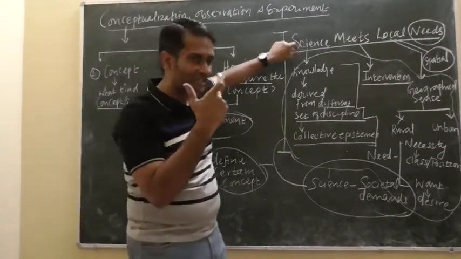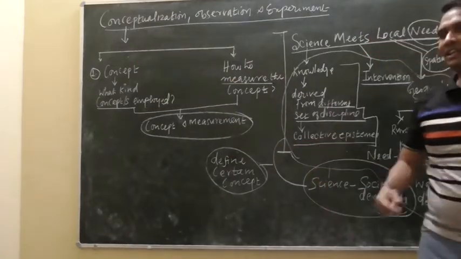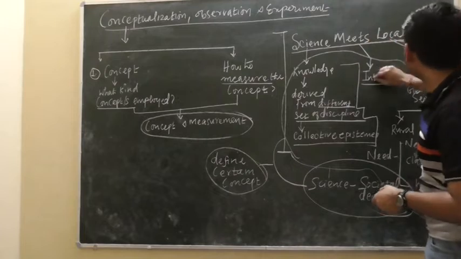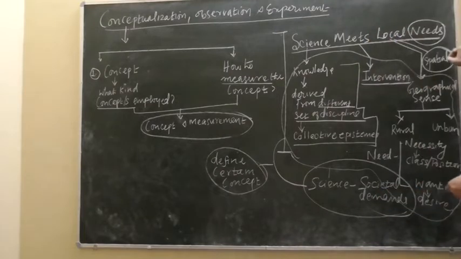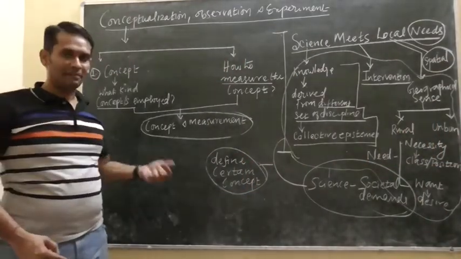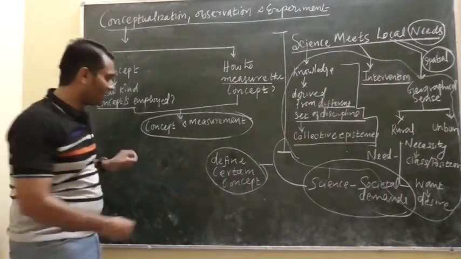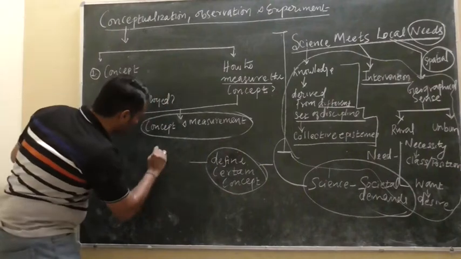That means not only science, but also we need another set of concepts. We need, for instance, the interventions. We need the local, as well as the needs, to bring an overall meaning to our theorization. That means when you define a concept, you are able to understand what this object is.